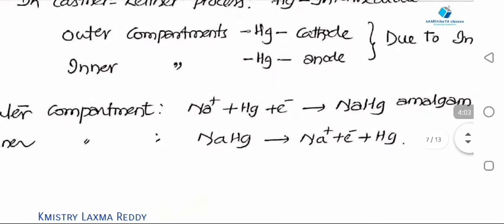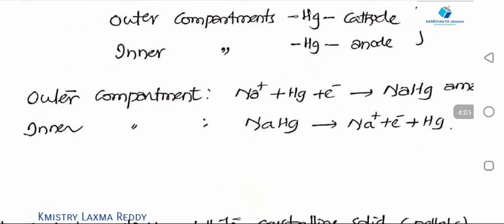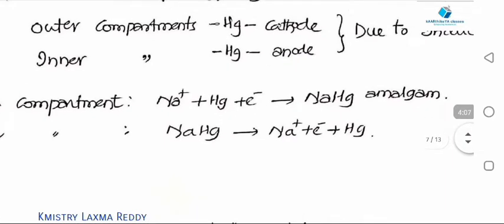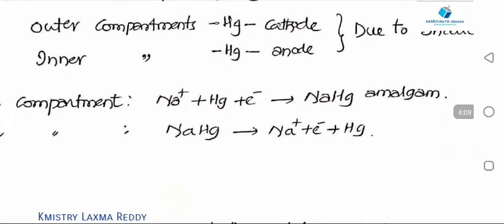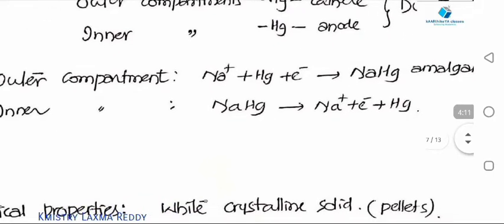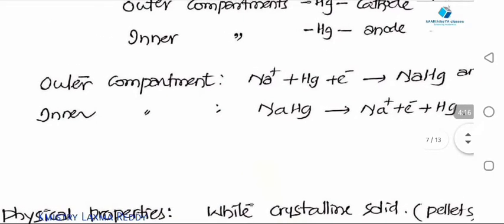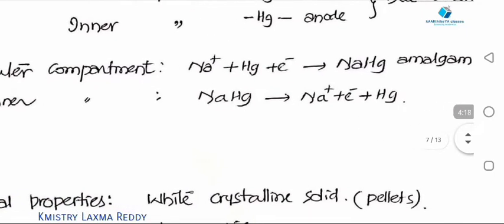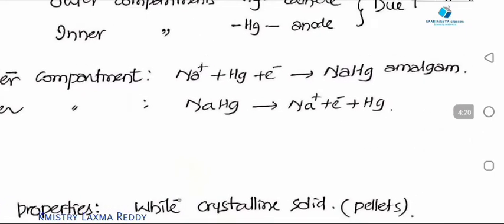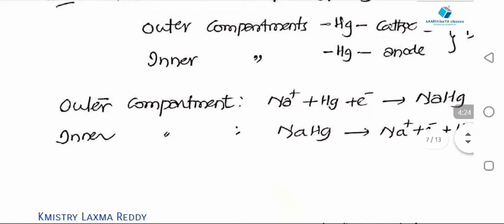This is due to induction. In the outer compartment, as it is cathode, it reacts with sodium ions to form sodium amalgam. It is providing electrons, it is functioning like cathode. But in the inner compartment, the reverse reaction of the same sodium amalgam is possible now. It gives you sodium ions. One very interesting method this is.